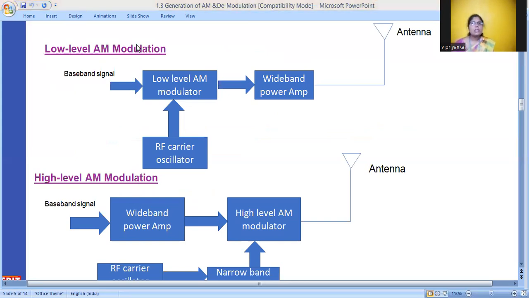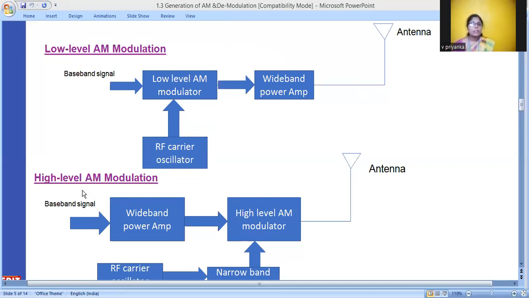In low level amplitude modulation, we give the baseband signal and the RF carrier signal from the RF carrier oscillator to the low level amplitude modulator. Then the output of the low level amplitude modulator is given to the wideband power amplifier and then to the antenna.